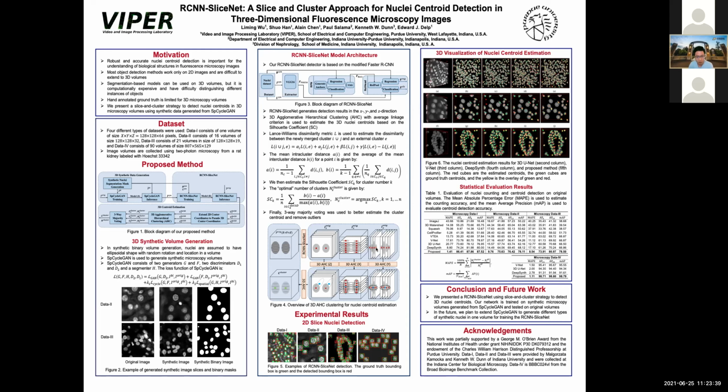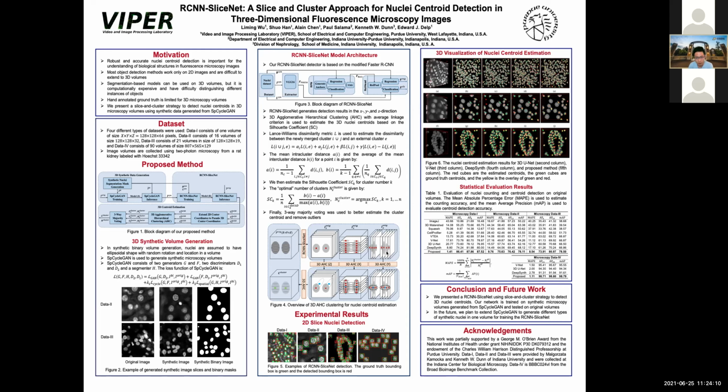Figure 4 shows an overview of how we run inference with our detector on this 3D data. Since RNN-SliceNet works on 2D, we run inference on 3 different directions of a volume to generate the 2D detection centroids on each slice. These are the red dots you can see here.